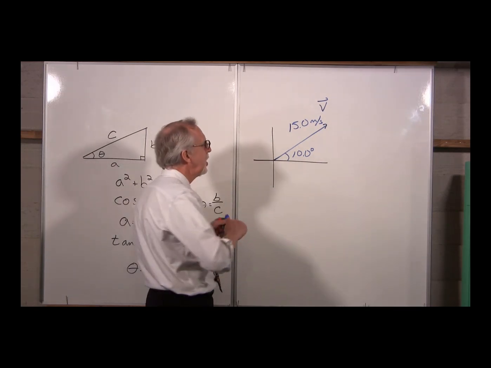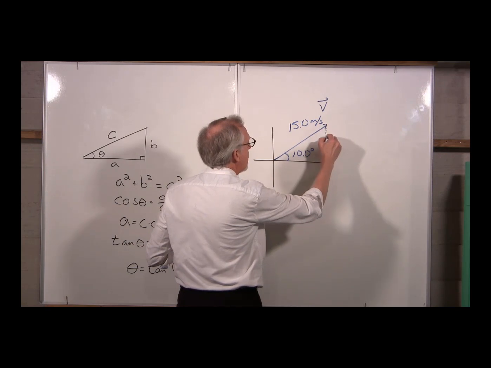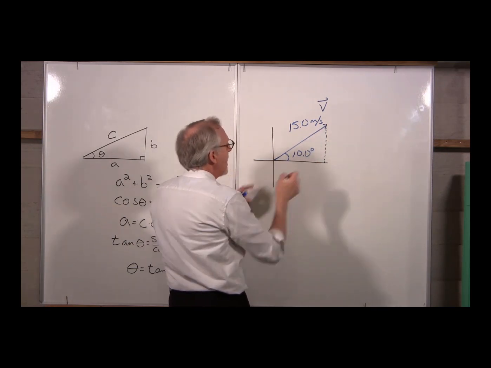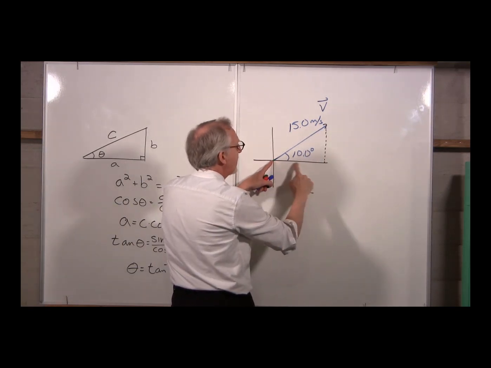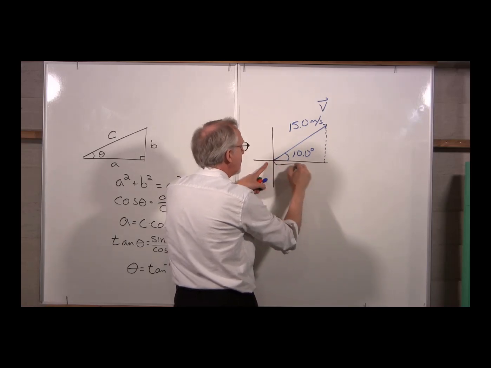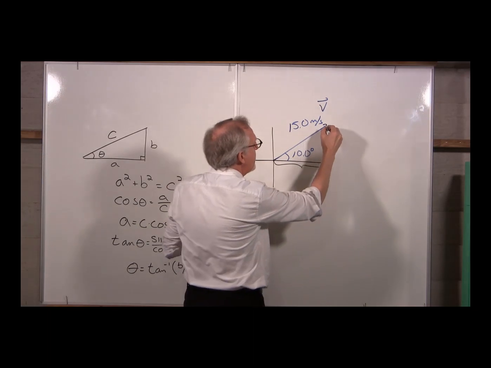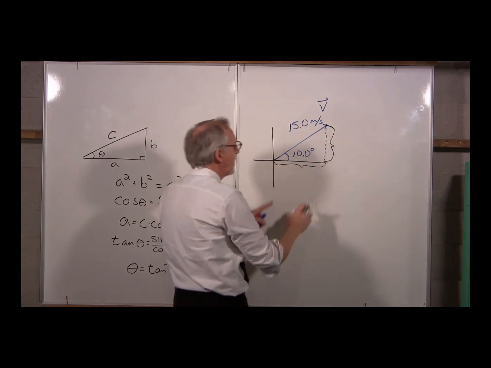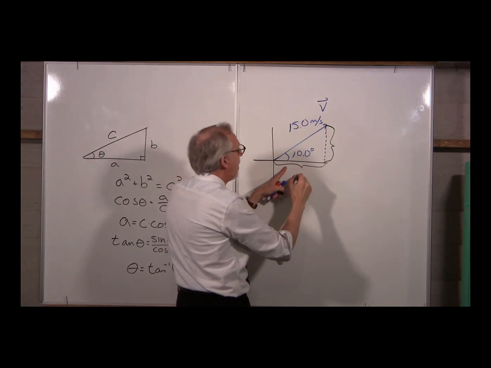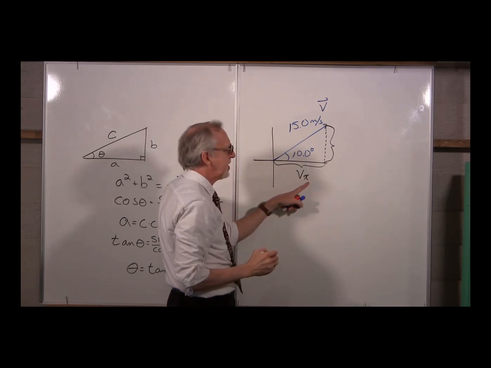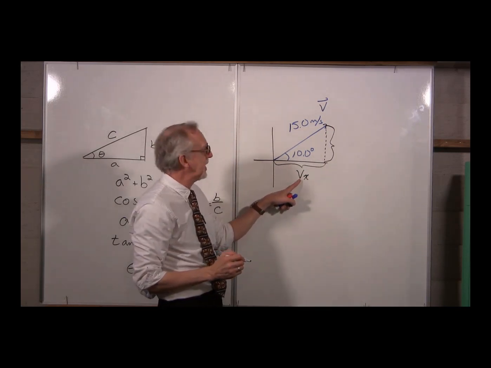Now, to do that, we break this down into a triangle, and the length of the vector that points in the x direction, that's this part, and the length of the vector that points in the y direction, that is this part. This part we call v sub x, the x component of v.